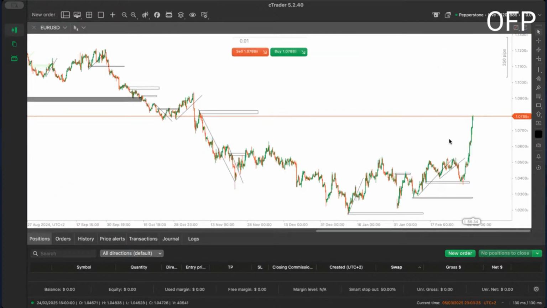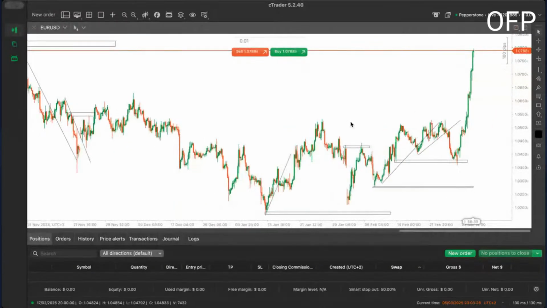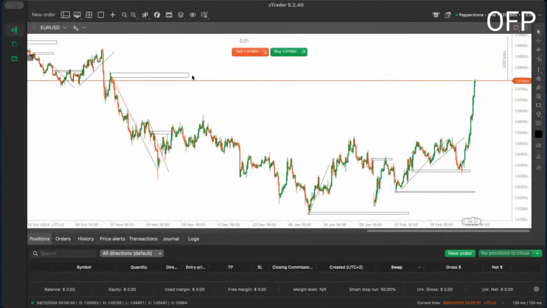Euro dollar has gone parabolic, just immediately when that happens. So it's also nearing a level of resistance. It's literally support. So we're coming all the way here. So will we reverse from here? Maybe. Let's just wait and see.